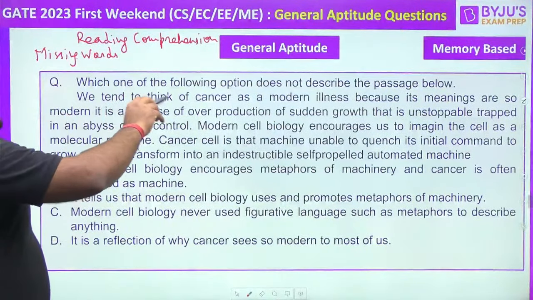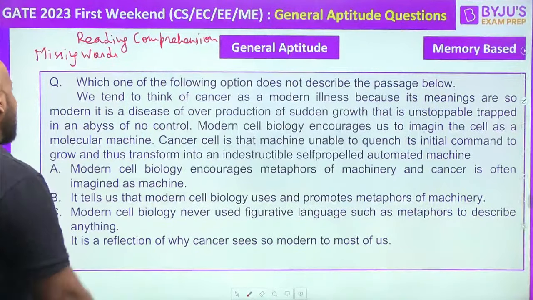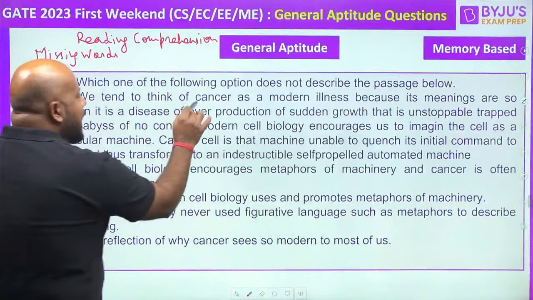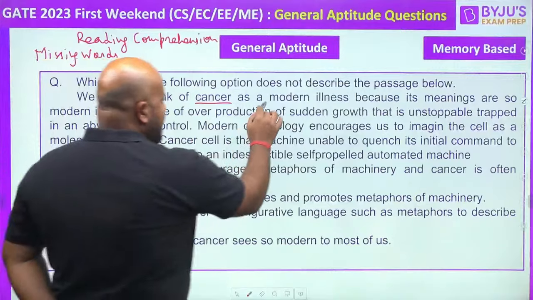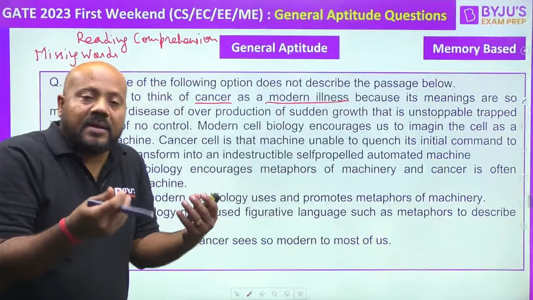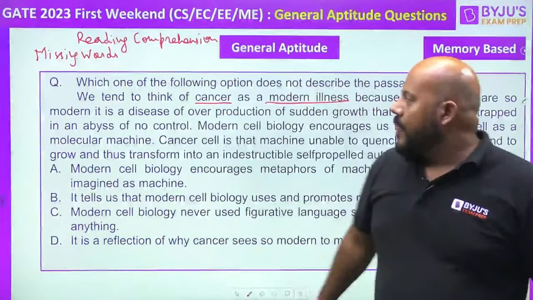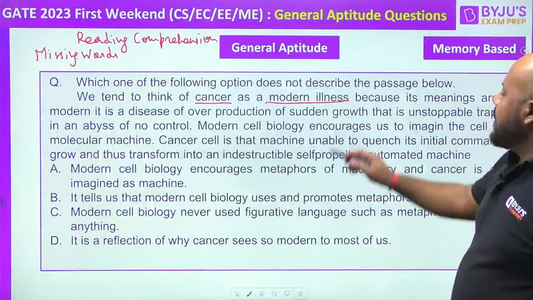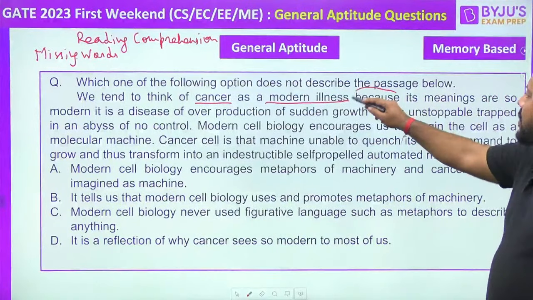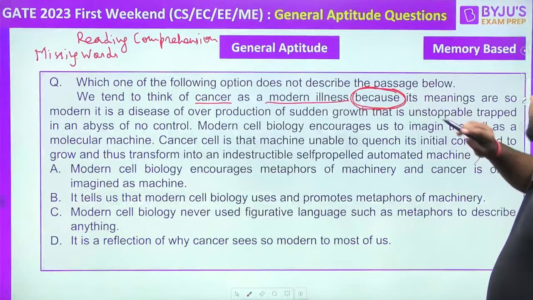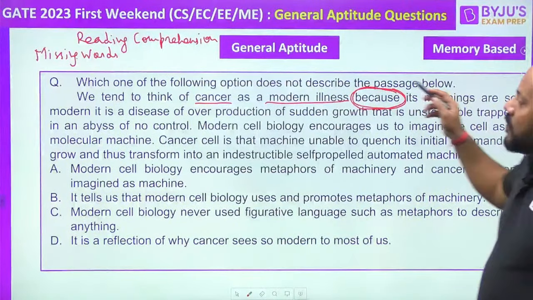Which one of the following options does not describe the passage below? We tend to think of cancer as a modern illness. We tend means slowly we are accepting. We tend to think of cancer as a modern illness because, the answer is given in the because, its meanings are so modern.